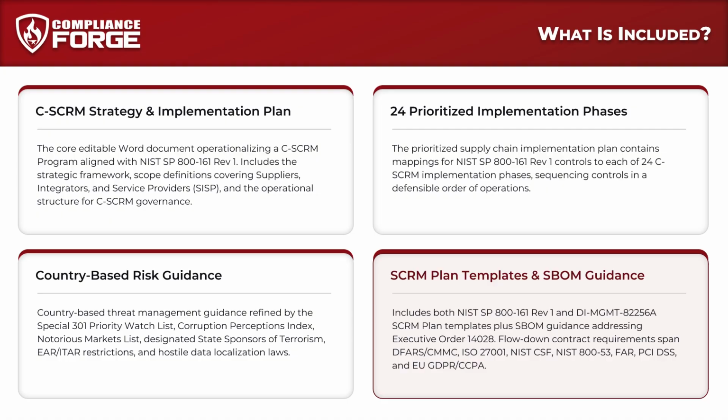Both the NIST and DoD plan formats, plus Software Bill of Materials guidance addressing Executive Order 14028, with flow-down contract requirements spanning DFARS and CMMC, ISO 27001, NIST CSF, NIST 853, FAR, PCI DSS, and the EU GDPR.